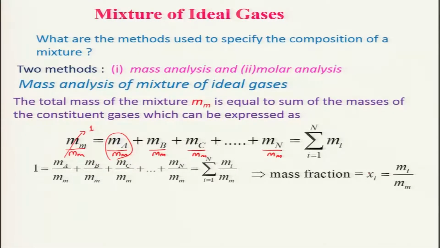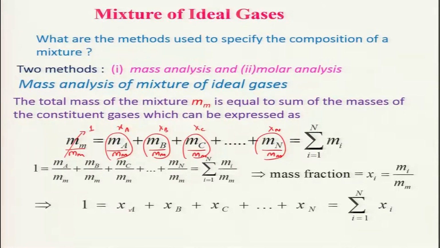So, this becomes xa, similarly this is xb, this is xc, and this is xn. So, this equation becomes 1 is equal to xa plus xb plus xc plus up to xn, that is the summation of xi when i is equal to 1 to n. This expression says that the sum total of the mass fractions of the constituent species is equal to 1.